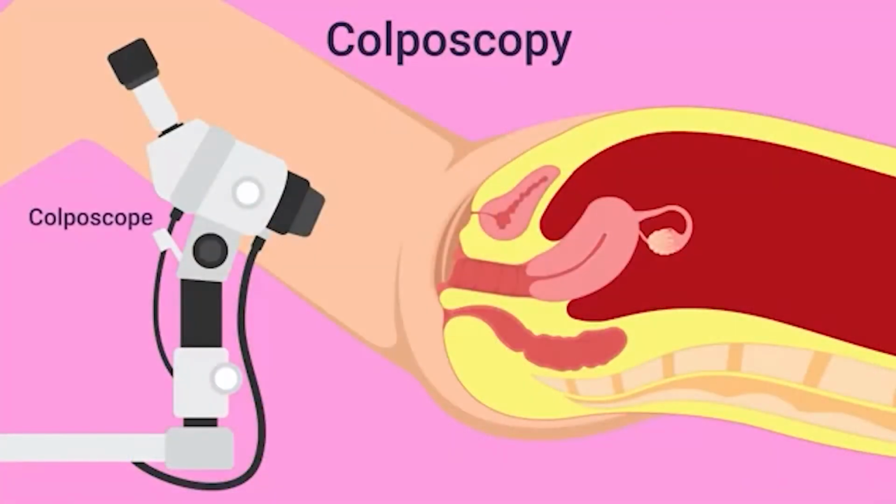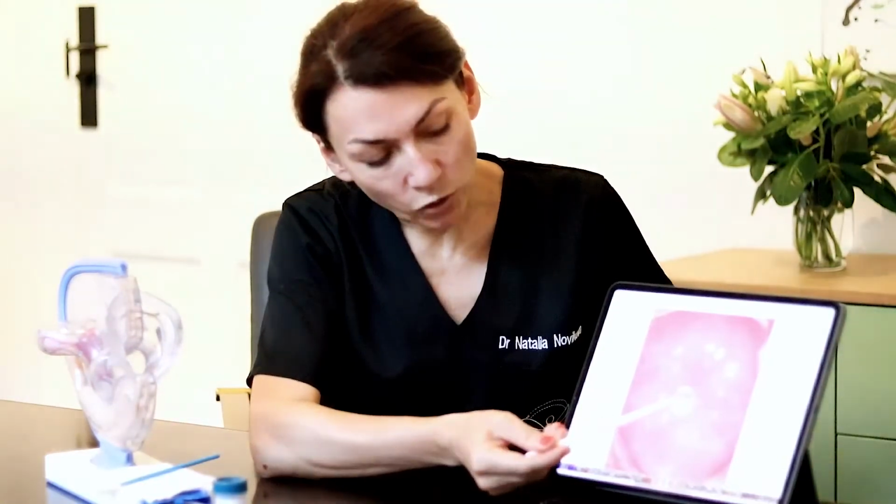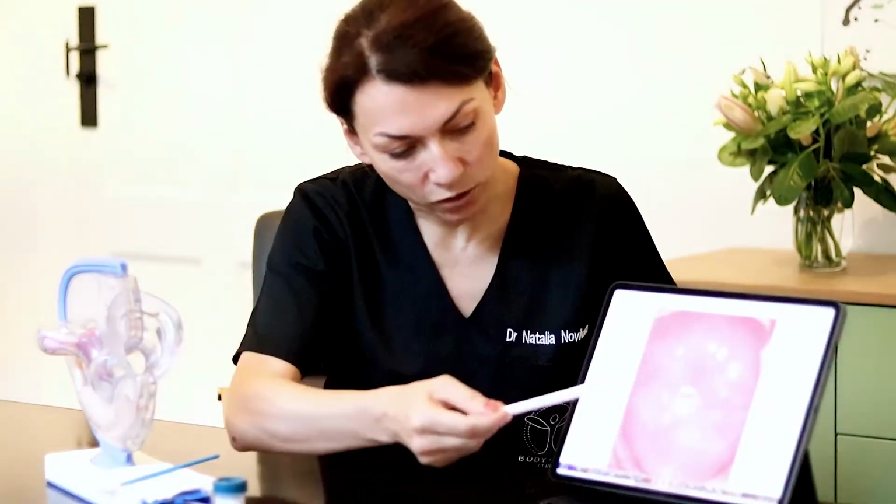Colposcopy is performed with a big microscope type of device that is used to visualize the cervix, and we would see a picture like this, looking at the cervix, or basically in there. And this is the cervical opening, and this is our cervix.